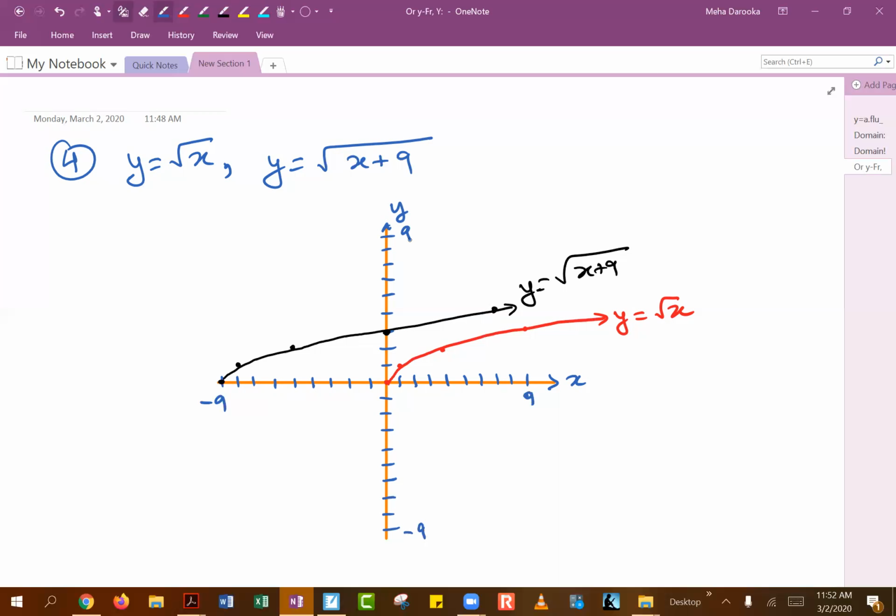Good, looks good. Destination graphic notes. I was like, why is it going?